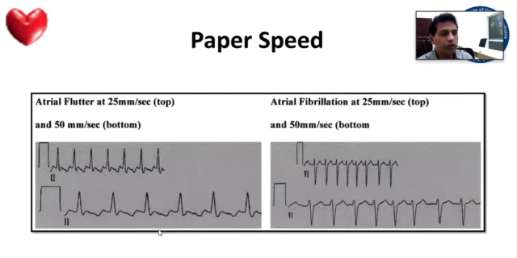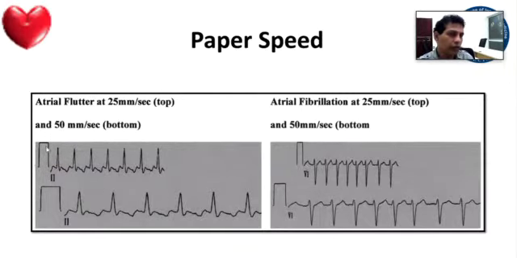An easy way to identify this is, in all these rhythms, can you see that there is a box-like thing at the beginning? That is for us to identify easily. The width of that box indicates the paper speed, and the height of that box indicates the voltage.